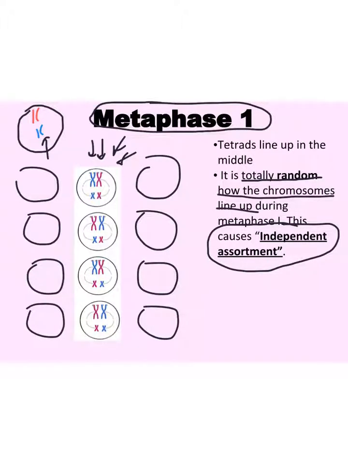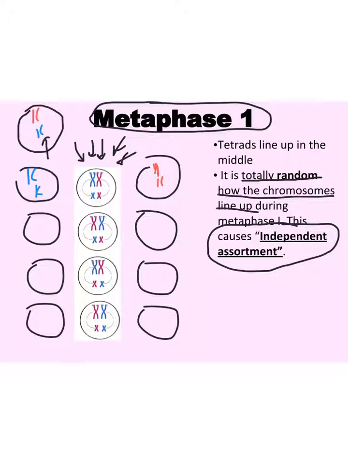For example, on this top cell up here, you can see that they're arranged big blue, big red, and then below that, little blue, little red. So, when they separate during anaphase, the 2 red guys are going to end up over here, and the 2 blue guys are going to end up over here. Now, that's one way it could have happened.